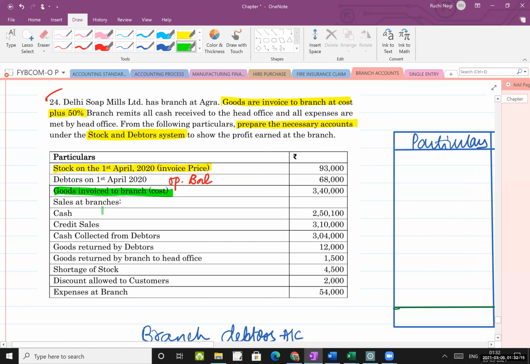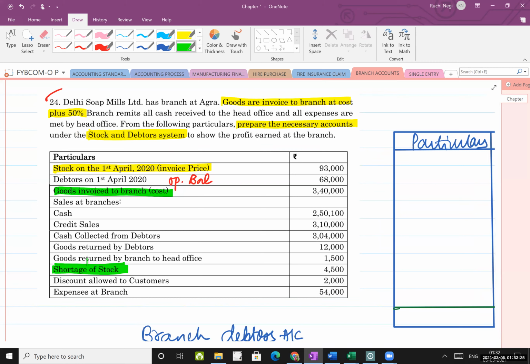Now sales at branch, cash sales and credit sales, cash collected from debtors, goods returned by debtors, goods returned by branch to HO. Shortage of stock, this is something new we are going to do. This is given. Discount allowed to customers, and expenses at branch.